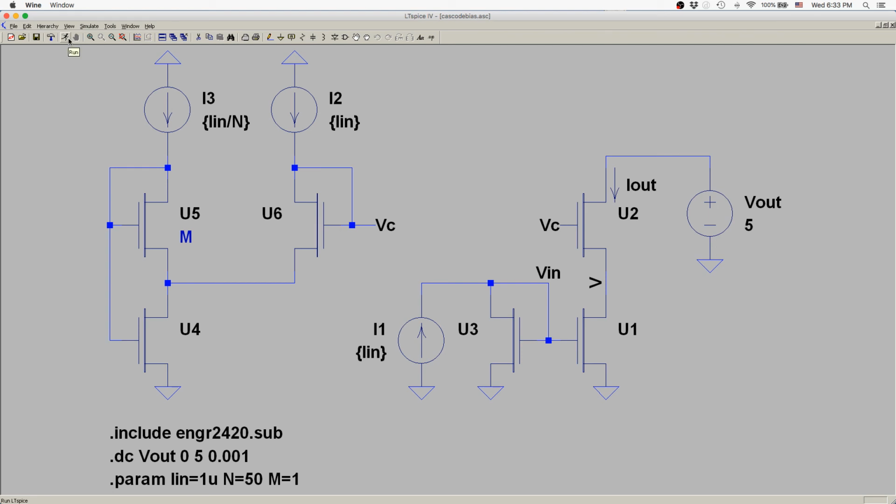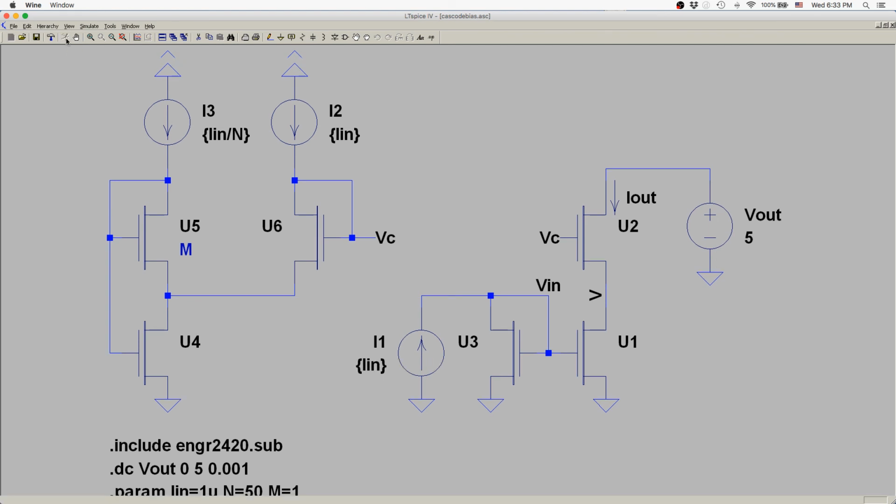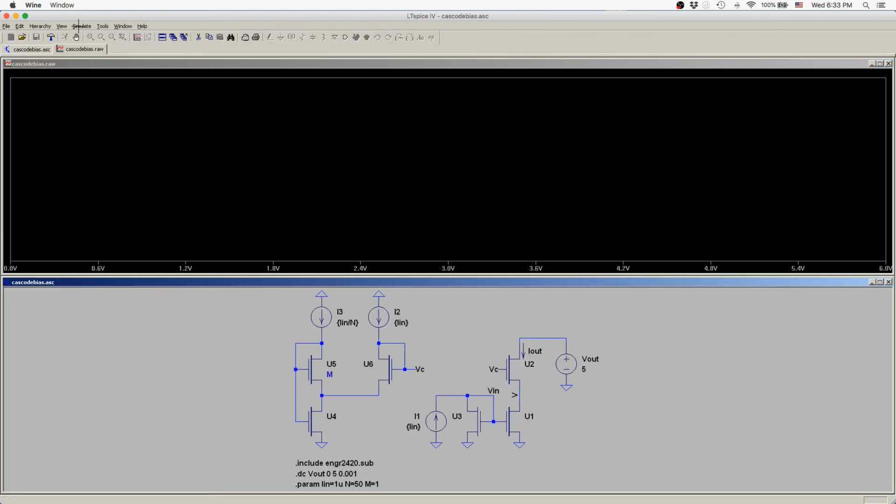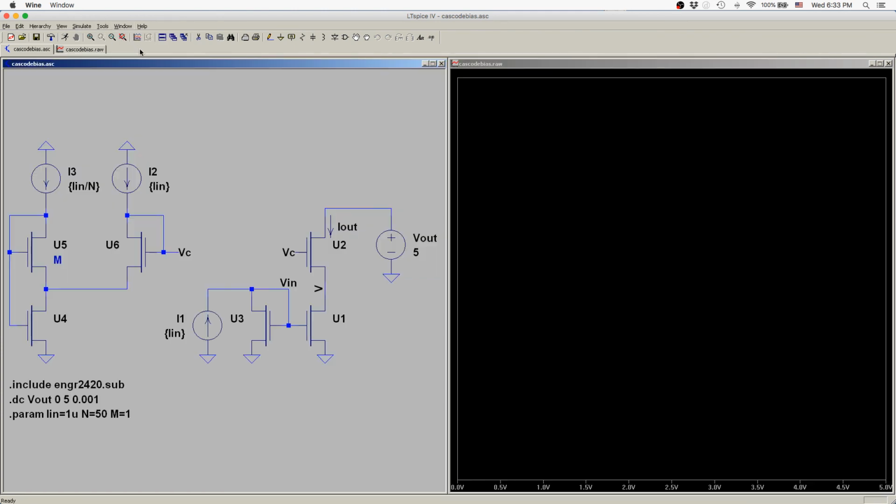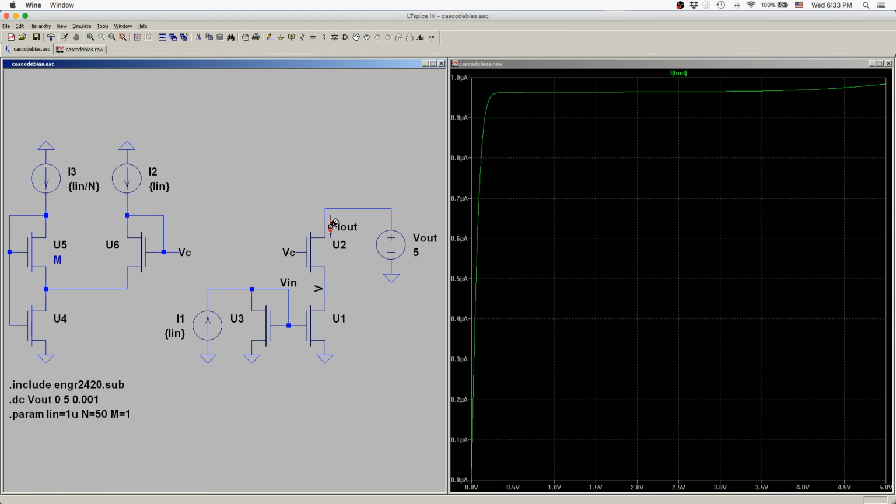And let's run the simulation. Boom. Tile vertically. Yay. Can measure the current.